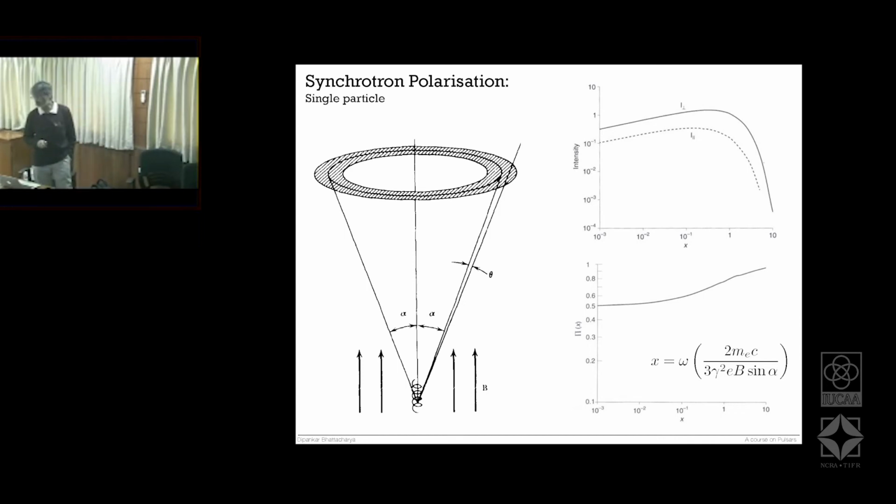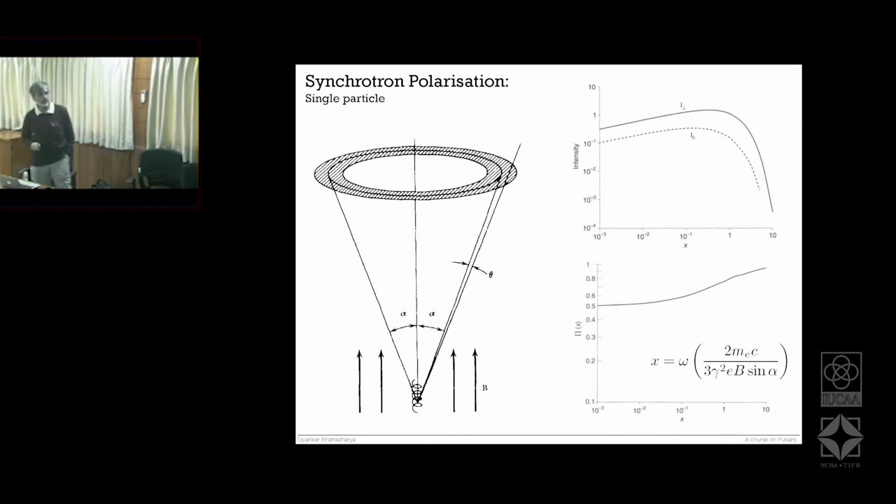As the particle goes round, the beam will cover this part. This is the pitch angle alpha, and this is theta, which goes from 0 to 1 over gamma. As a function of this, you can compute the electric field and then look at the intensity.